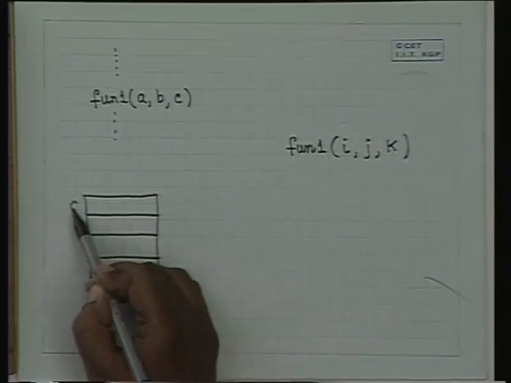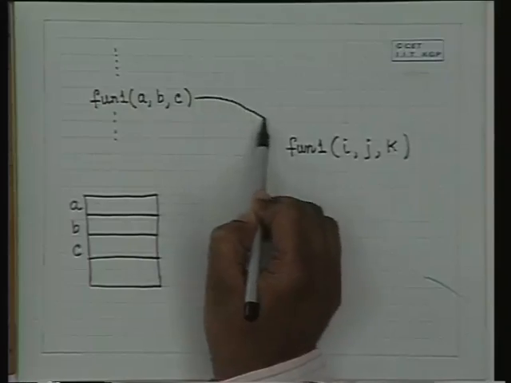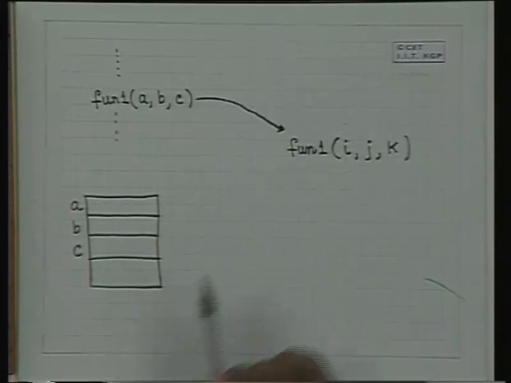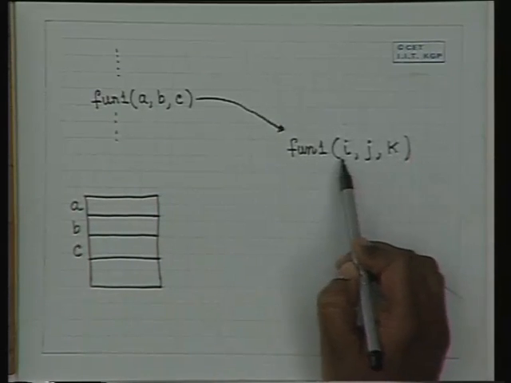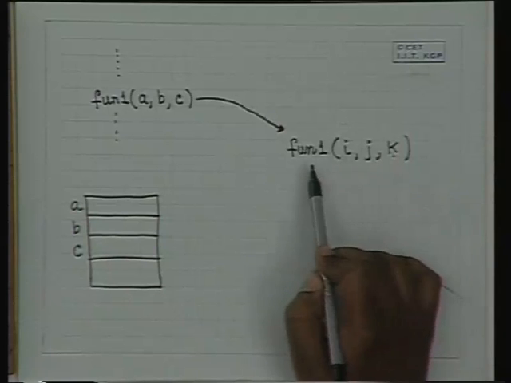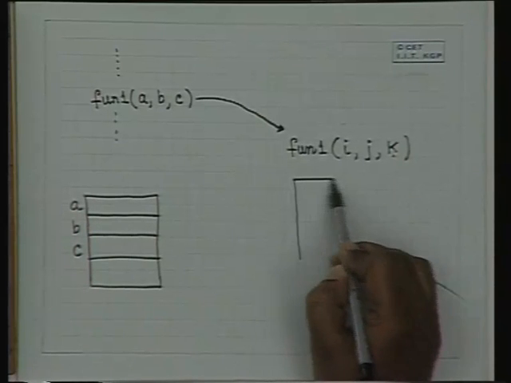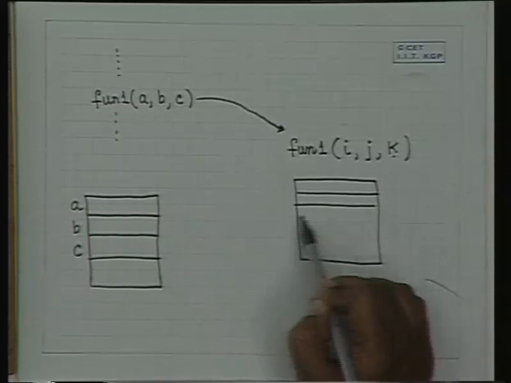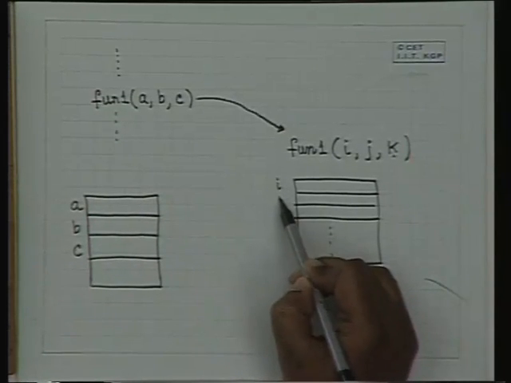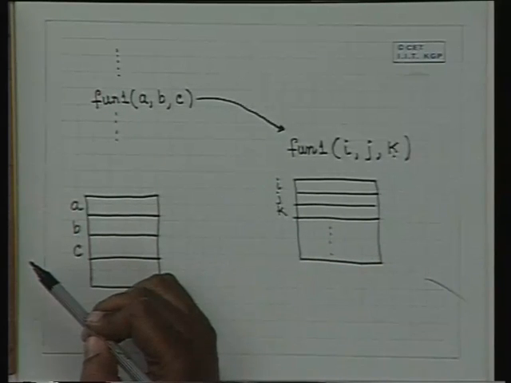So schematically let us say A, B and C. Now when this function is called, a new data segment for this function is set up. The variables, the arguments as well as the local variables of this function are allocated certain amount of memory, of which other than the local variables i, j and k are also allocated some memory locations.